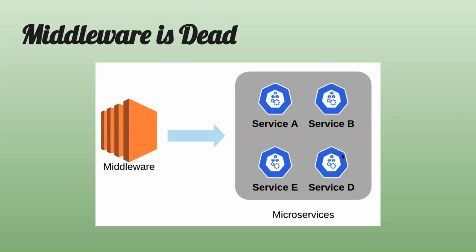We have seen that this middleware contains identity and access management functions, API management functions, data management functions, and message transformations. Now these different functions are divided and independently deployed into different containers.